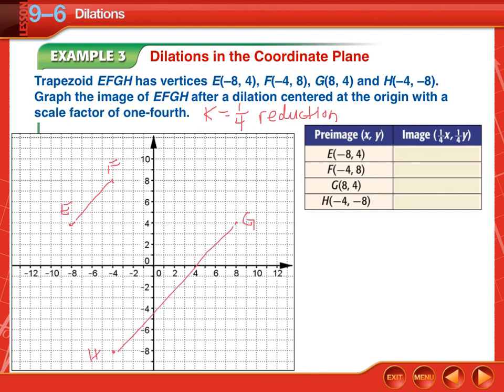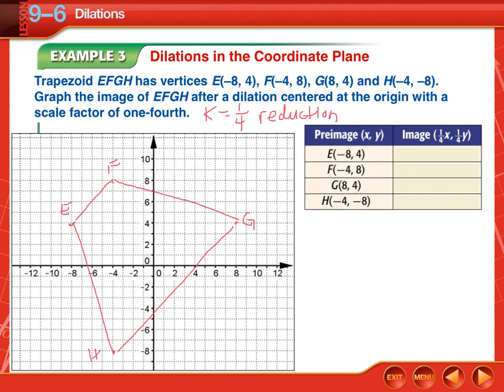We haven't studied trapezoids yet, but trapezoids have two opposite sides that are parallel and two opposite sides that are not parallel. And in order to find the location, if we are using a center of dilation of the origin, then we simply need to multiply the pre-image coordinates by this scale factor.